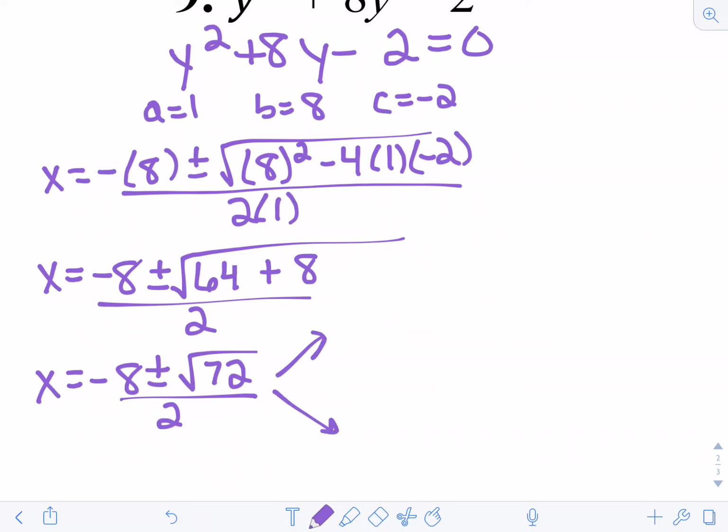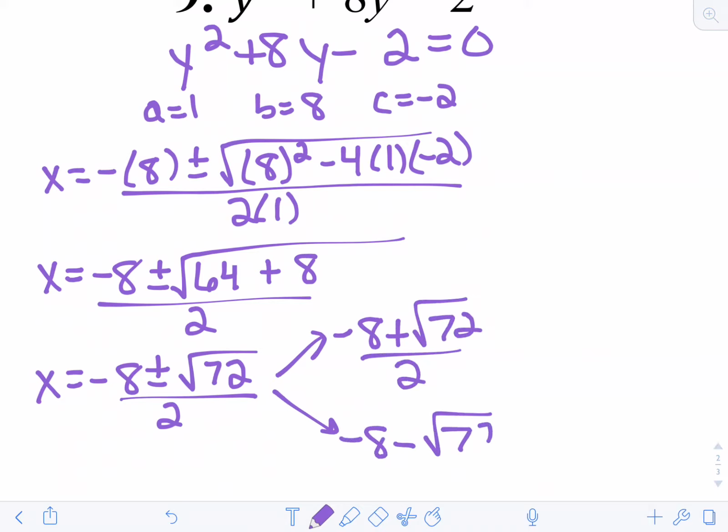So -8 plus the square root of 72 divided by 2, and negative 8 minus the square root of 72 divided by 2, and we're rounding to the nearest tenth. So negative 8 plus the square root of 72 divided by 2 will give me 0.24, and negative 8 minus the square root of 72 divided by 2 will give me negative 8.24.